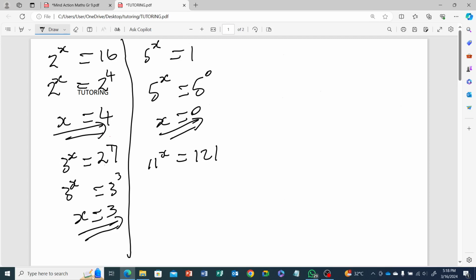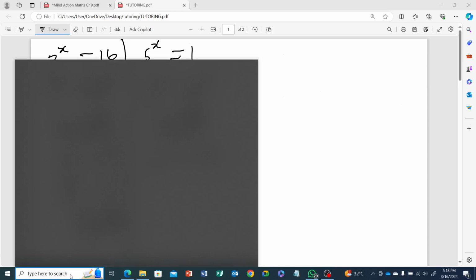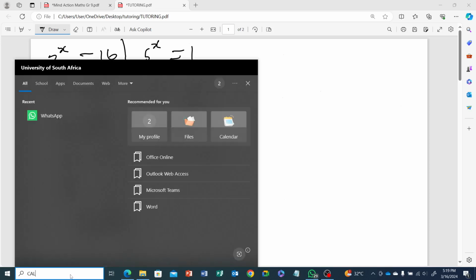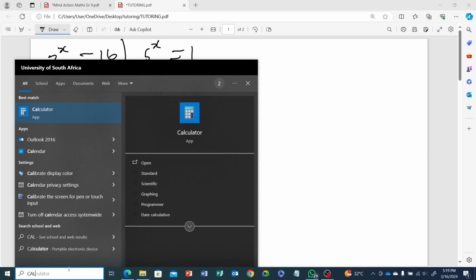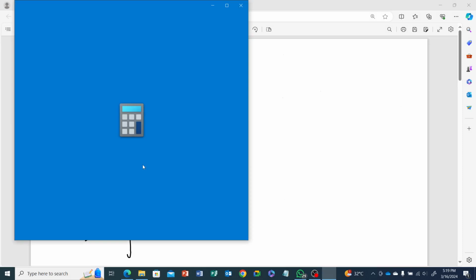All right, but then I think 121 is a squared number, a square of 11, but I'm not sure, so we are going to verify.